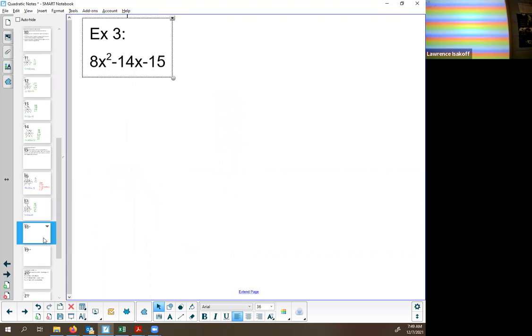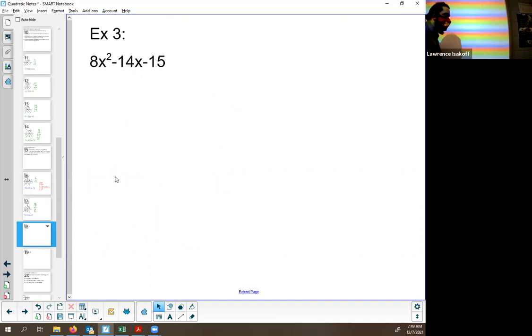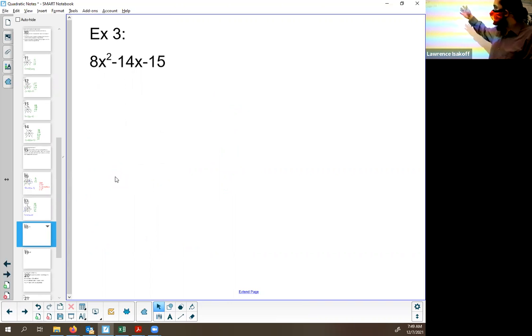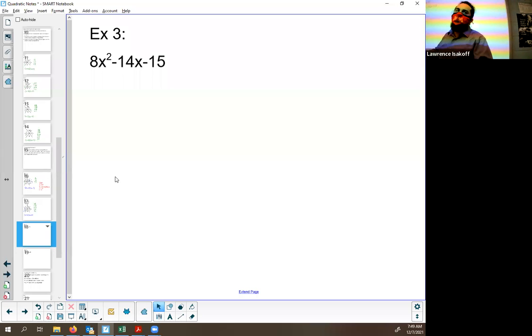Let's take a look at 2 more examples. Again, we want to stress that multiplying by the back and the front together. Look, if I was doing this a more traditional way, I'd be like, oh, what can multiply to 8?